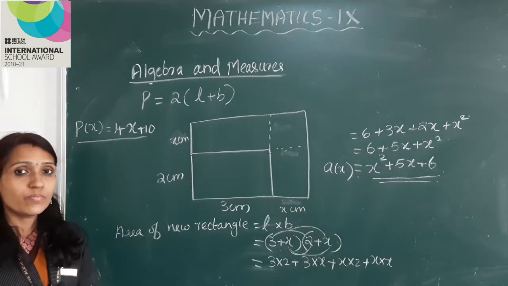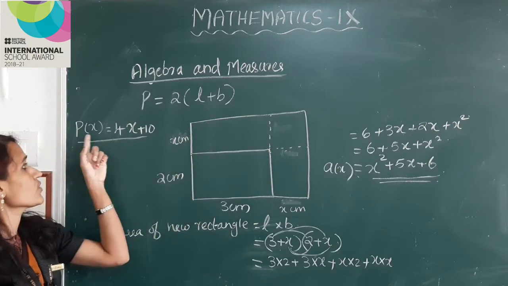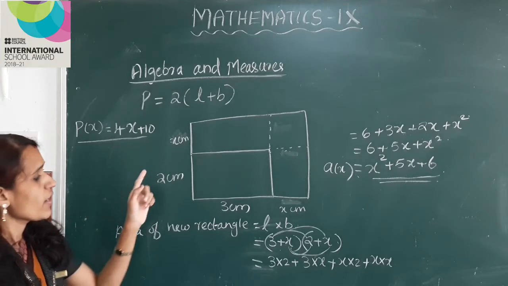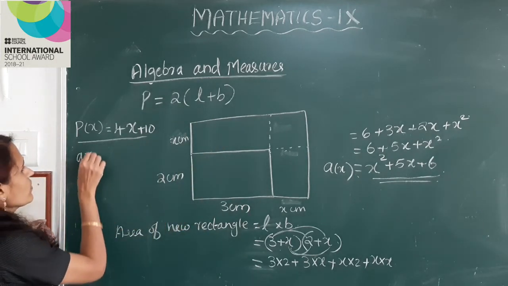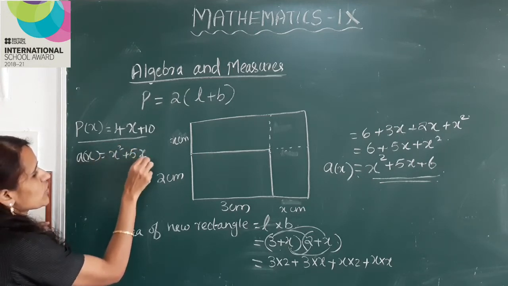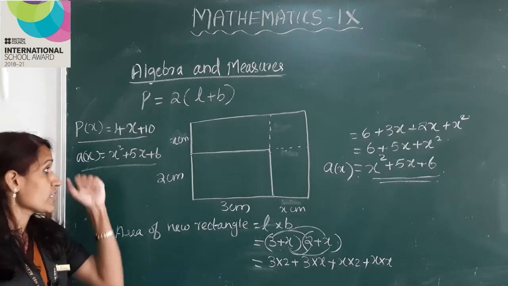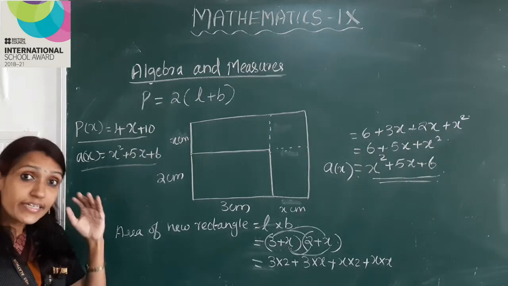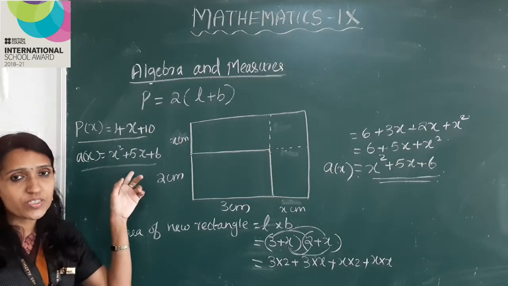Clear? Now, we get perimeter of the new rectangle is equal to 4x plus 10. Then, area of the new rectangle is equal to x square plus 5x plus 6. We have seen these examples of the relation between the different quantities written as algebraic equations.